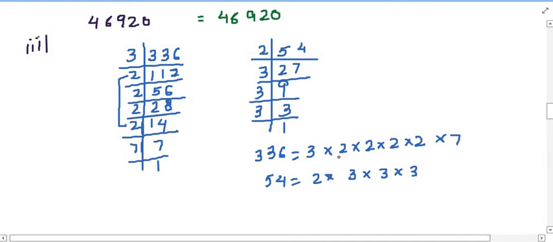Now for the HCF, make the pair, this 3, this 2. It means we have 3 and 2 as common prime factors. So HCF is 3 times 2.